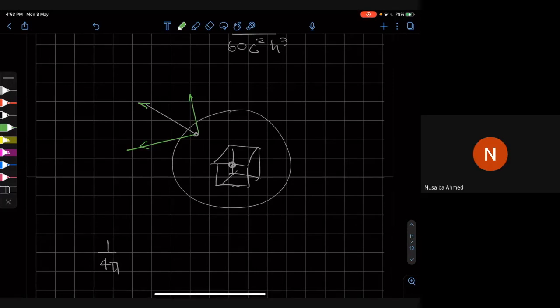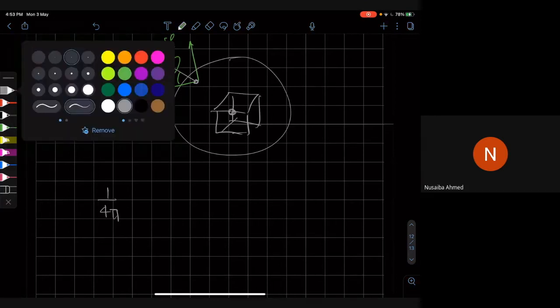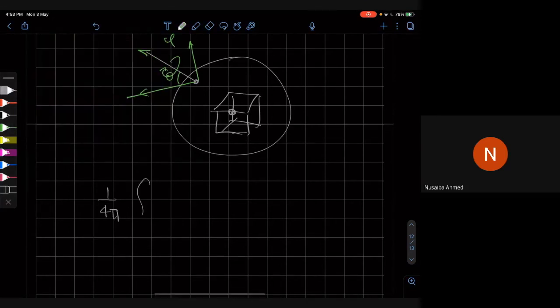So if I call this angle theta, then we have to integrate over phi, which goes from 0 to 2 pi of d phi, but this angle theta only goes from 0 to pi by 2.